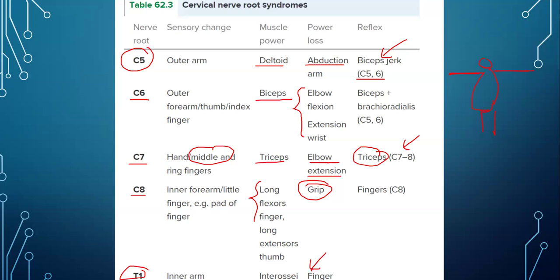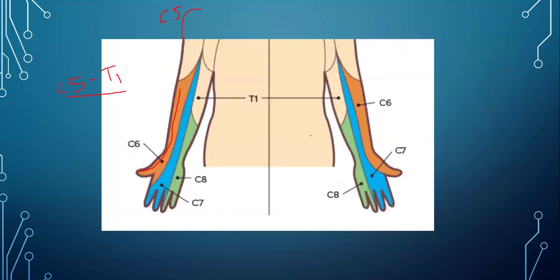Okay, so this is the specific function, like muscle power, the motor function and the sensory function of this brachial plexus. Okay, that means C5 to T1. Now this is important because sometimes they give you a scenario, patient having weakness of elbow flexion and wrist extension, their biceps jerk is lost. So then you would need to know which nerve has got impinged.